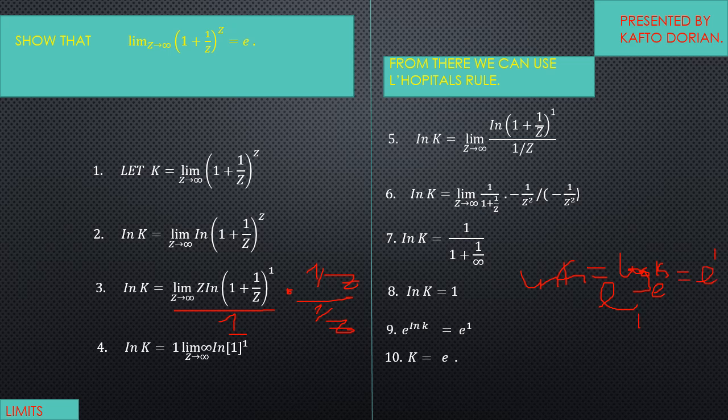Then now k will simply be e. So that was just all about it. And then from now there, you have it as required.